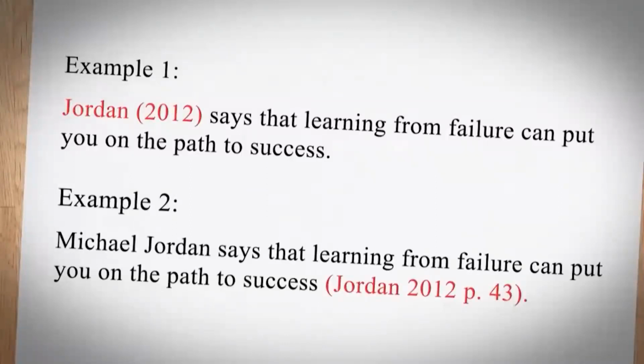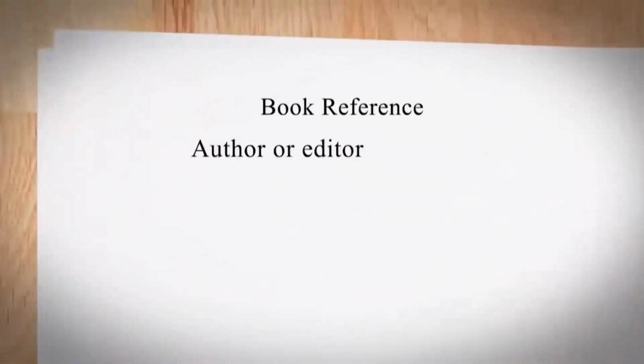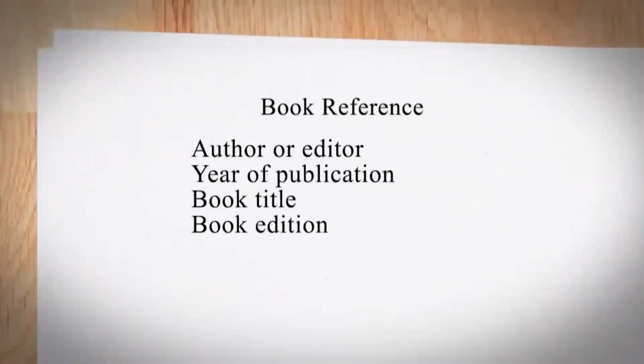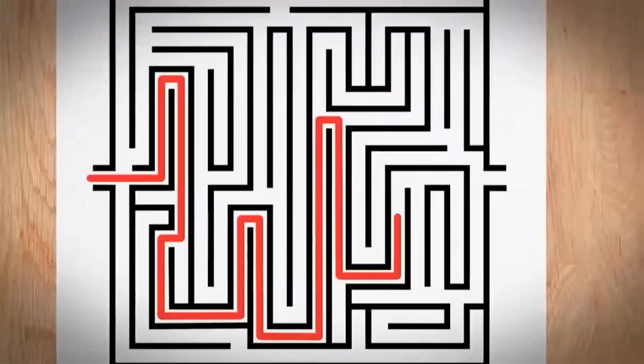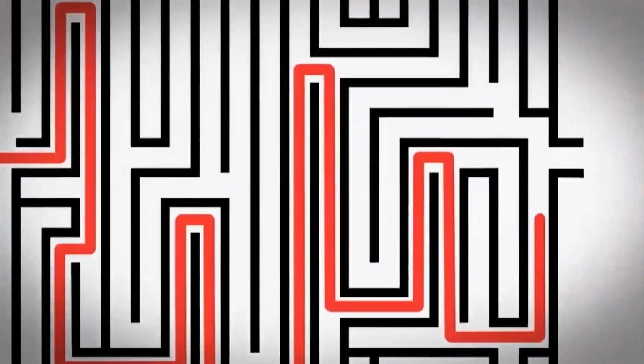Regardless of how you use your in-text citation, you still need to follow the same rules as set out by the Harvard referencing method. For a book reference, you must include the following information: the author or editor, year of publication, book title, its edition, volume number, place of publication, and publisher. There's lots of help available to see you through the study maze.